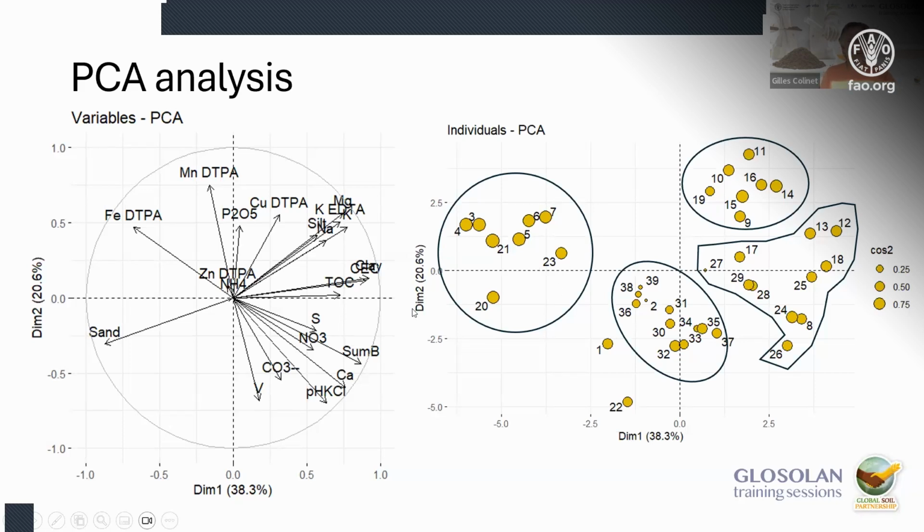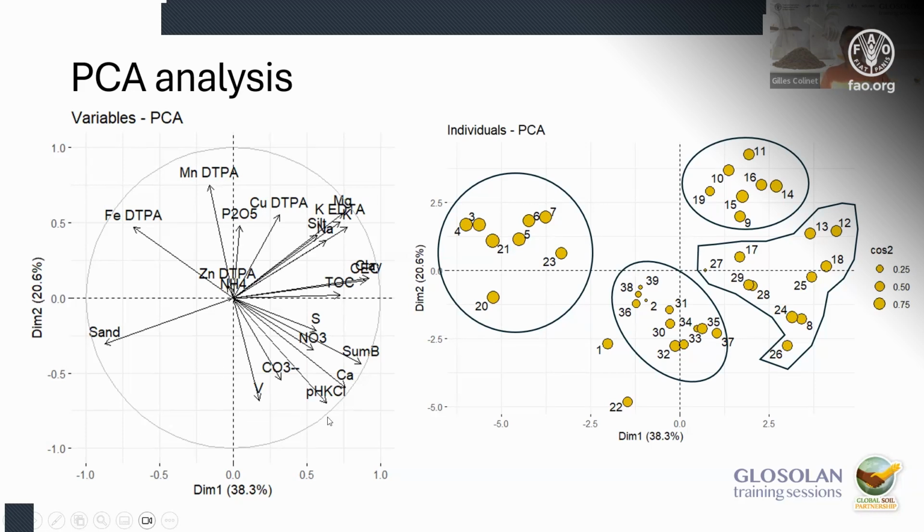So that is one thing on the first dimension, and if you look at the second dimension, you have manganese, copper, iron extracted by the DTPA, and at the other side you have more pH, calcium carbonate, and so on.